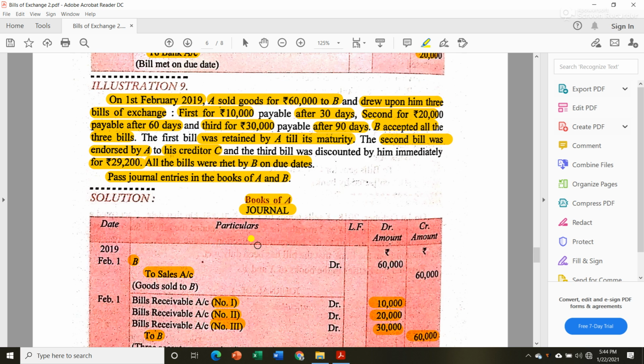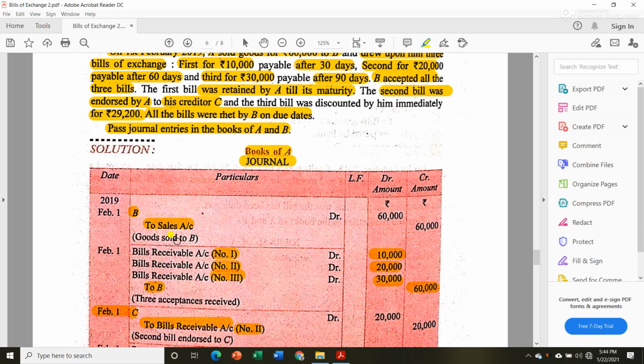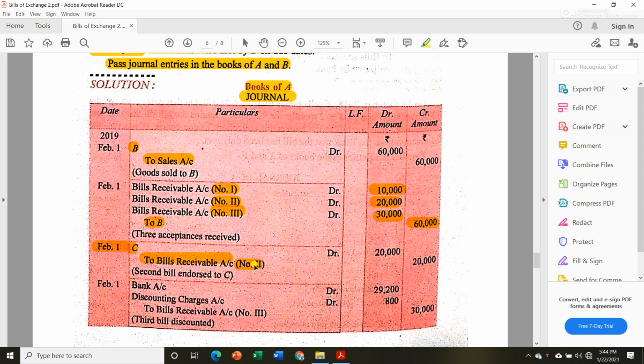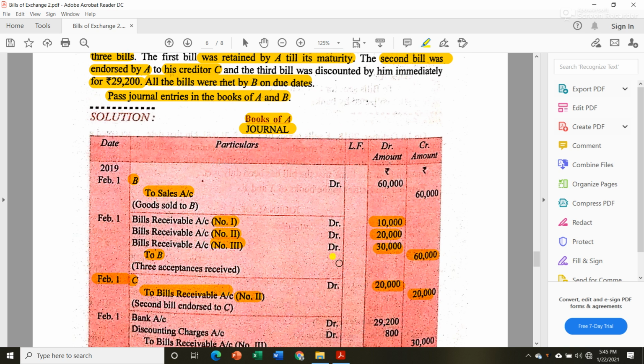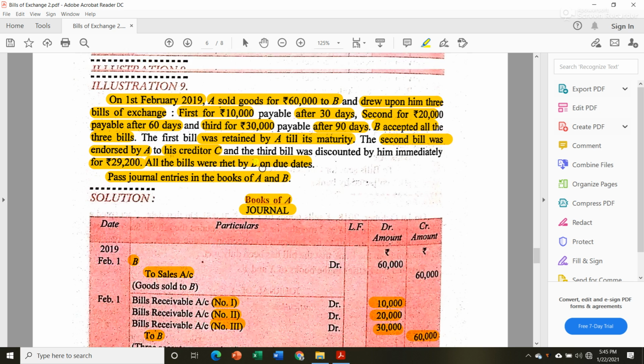In the question they said that the second bill was endorsed, so we wrote number 2 within the bracket. Since C is the receiver of that endorsed bill, his account will be debited. That second bill was worth rupees 20,000. Then since they haven't told us to prepare the journal for Mr. C, we are not going to pass any journal entry in the books of C.